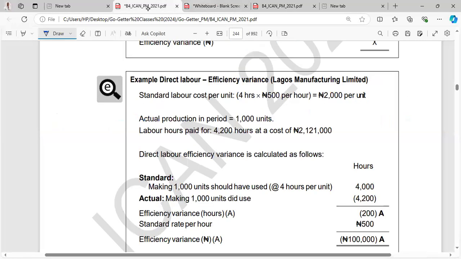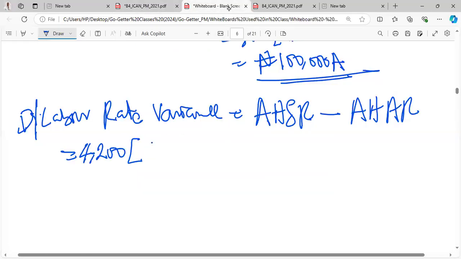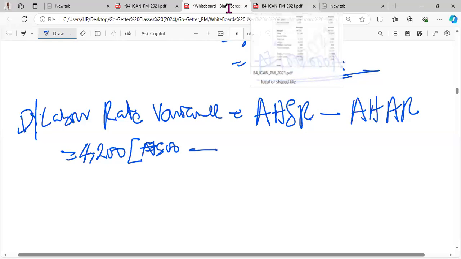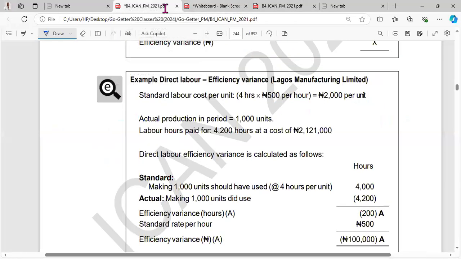Our standard rate happens to be 500 naira per hour. Now minus what is the actual rate? What is the actual rate used? The actual rate used here, you need to divide this figure by 4,200. 21,000.